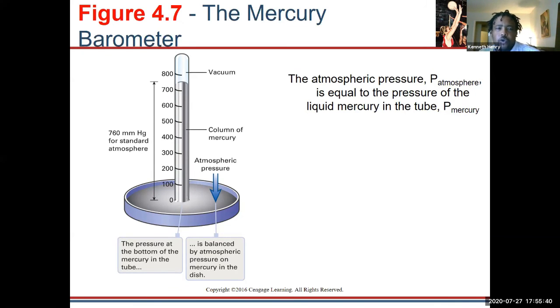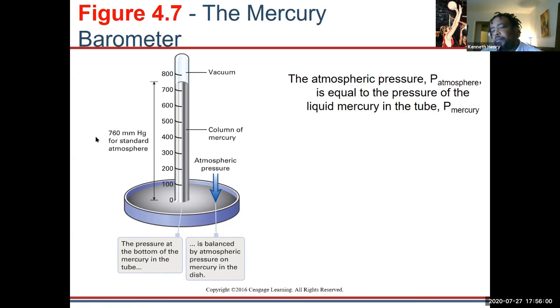And so the first barometers were measured in what we call millimeters of mercury, because mercury is able to move up this scale in a nice fashion, right?